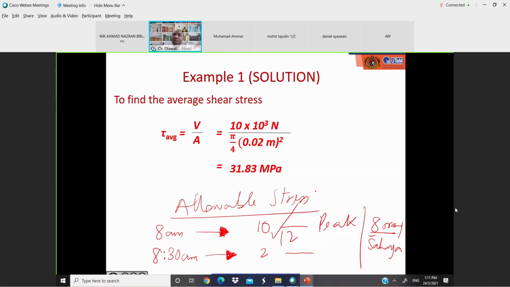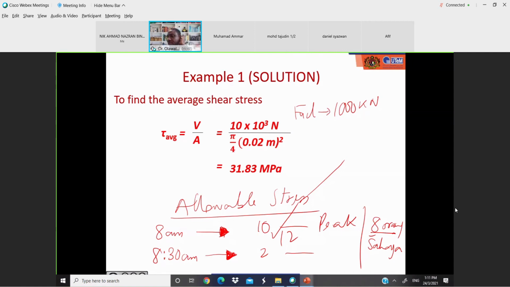Why? Because of allowable stress. What happened is this. When you design, as a designer or engineer, when you design a product, say for example, the lift is going to fail at 1,000 kilonewton. That is a failure. It's going to fail.